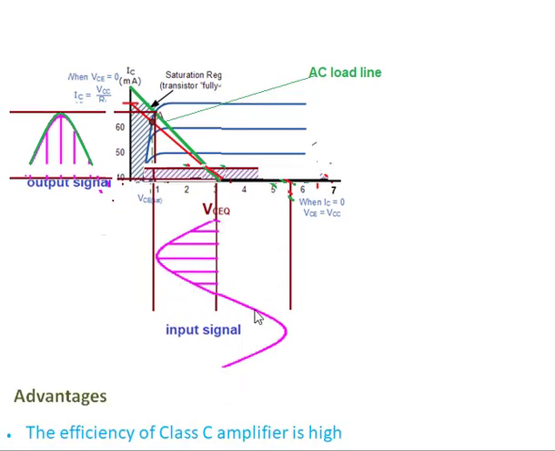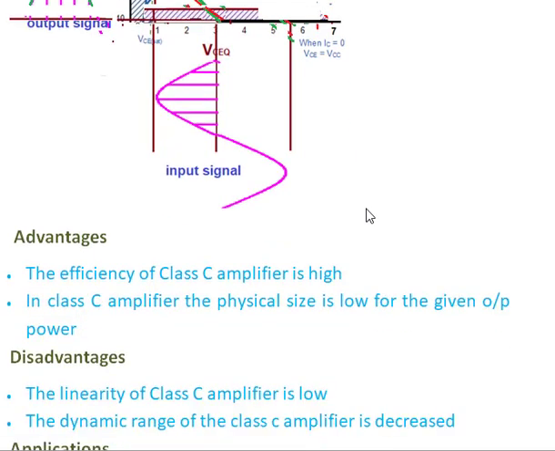For this input signal waveform, it gives only a part of the output signal depending upon the AC load line of the characteristic graph of the transistor used in class C amplifier. So it gives only part of the output, so it is called class C power amplifier.